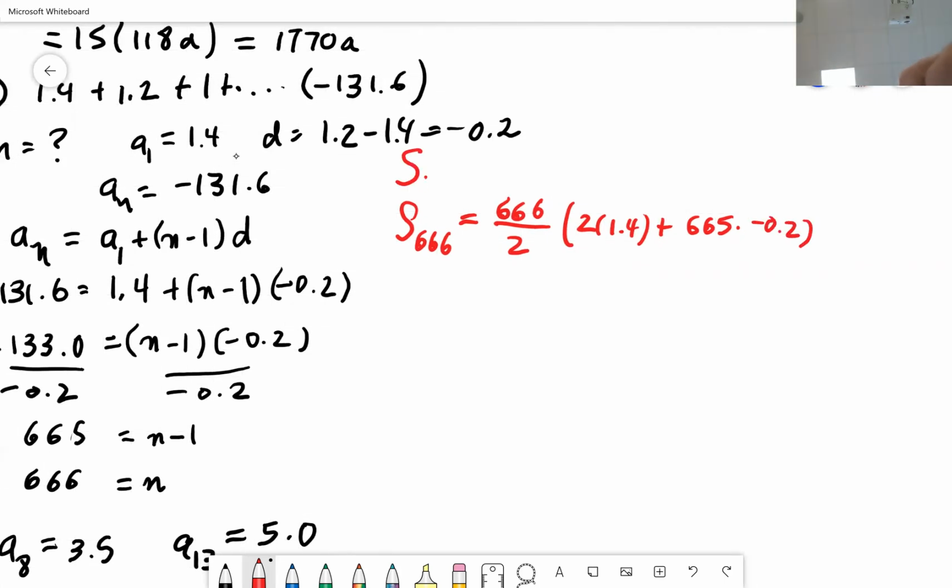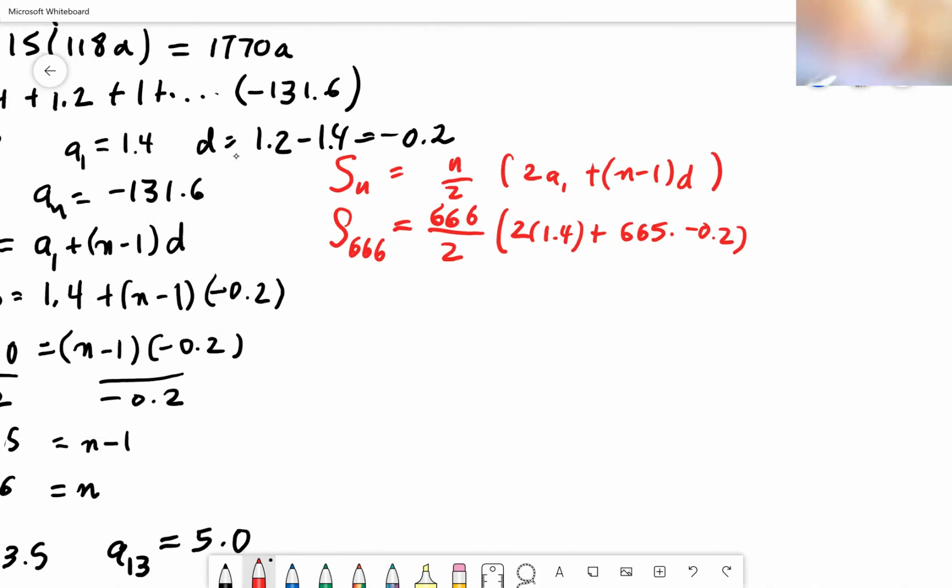And remember, this is the formula here, so that you have a reference. Now you just put it together. It's going to be 333 times 2.8 minus whatever 665 times negative 0.2 is, which is negative 133.